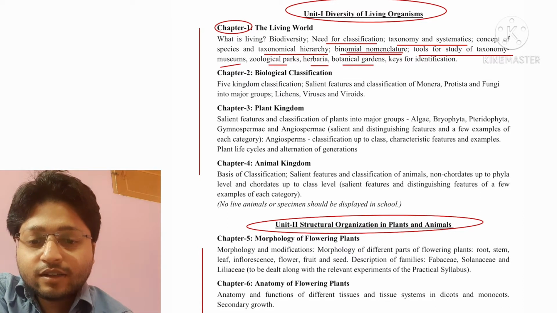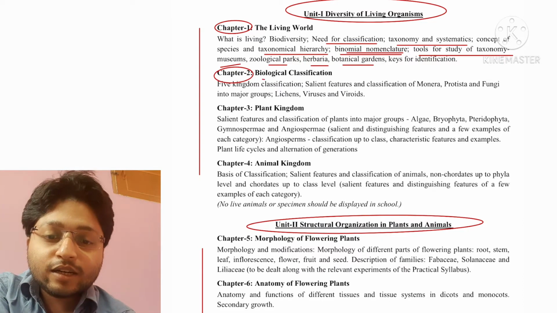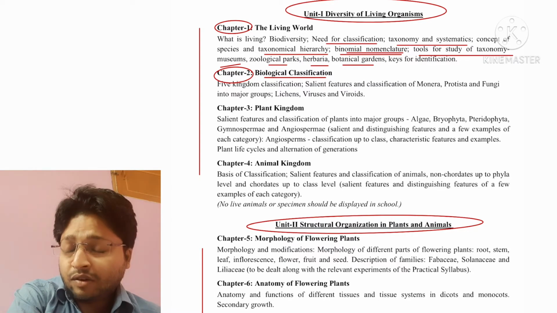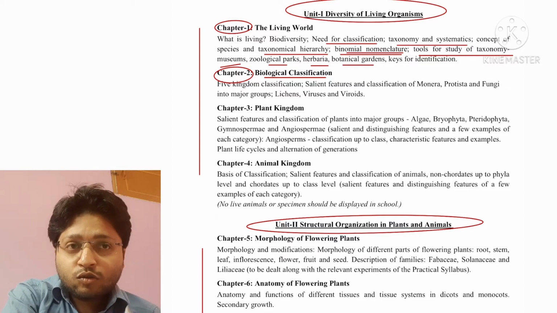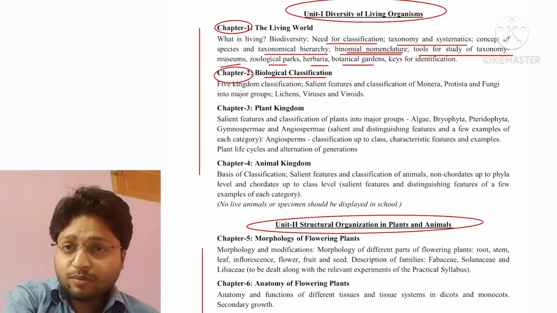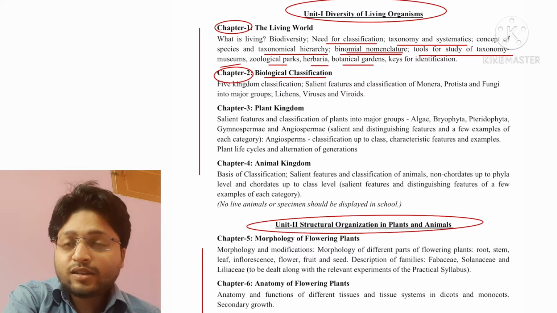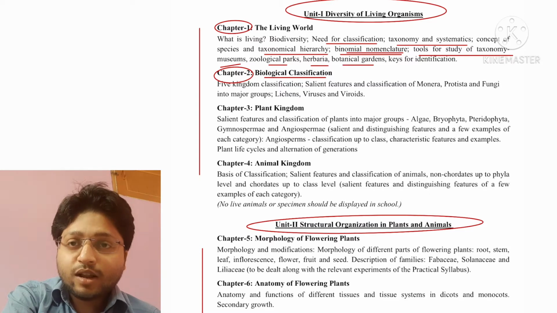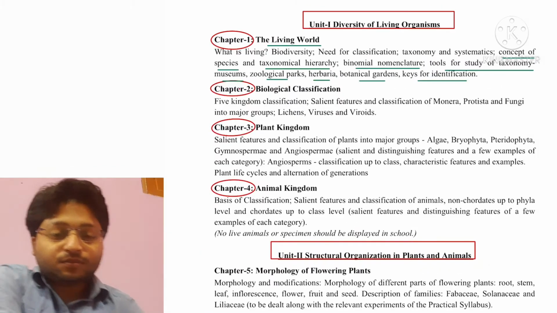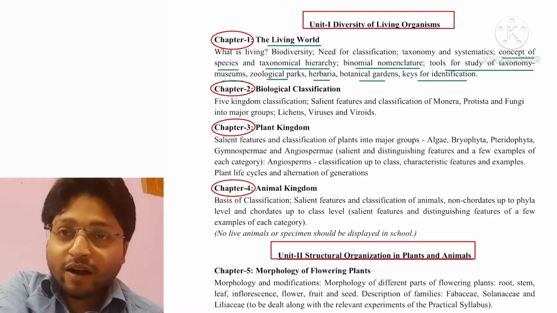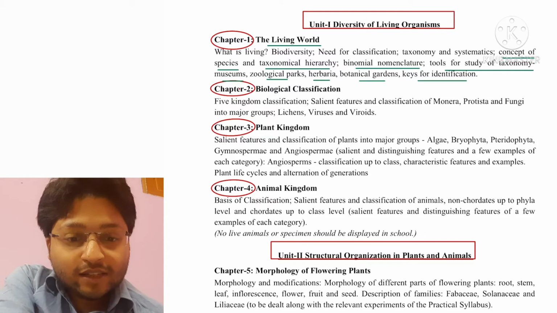In the next chapter, chapter 2, biological classification. In this chapter, we will discuss the different mechanisms of classification: 2 kingdom, 3 kingdom, 4 kingdom, 5 kingdom and 6 kingdom classification. You know that the most accepted mechanism of classification is the 5 kingdom classification given by Whittaker.